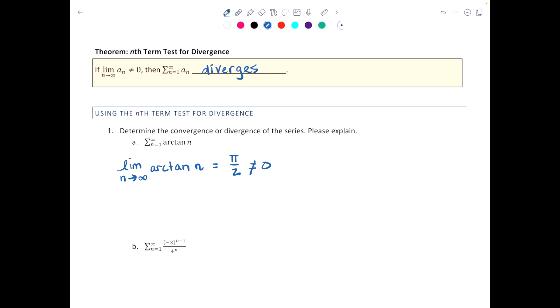If you need to graph it, go ahead and graph it, but you will get pi over 2. And pi over 2 is not equal to 0, so therefore, in conclusion, the summation from n equals 1 to infinity of arctangent of n diverges by the nth term test, and yes, you need to write this, for divergence.